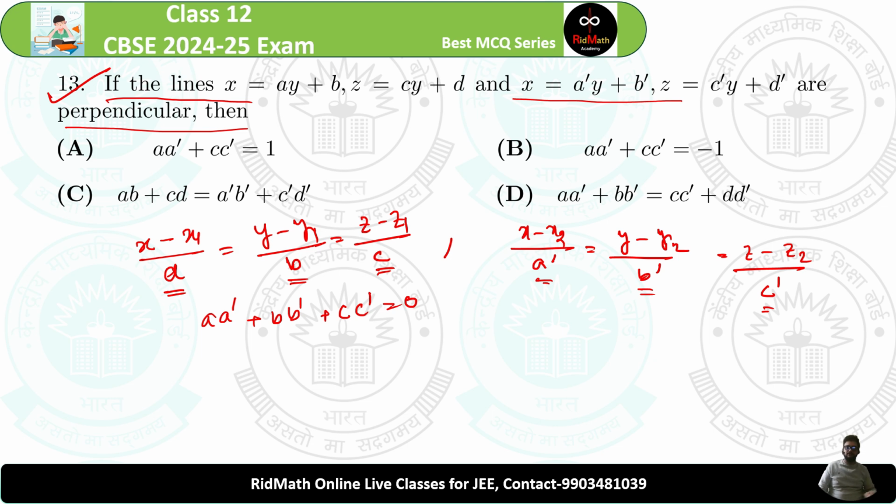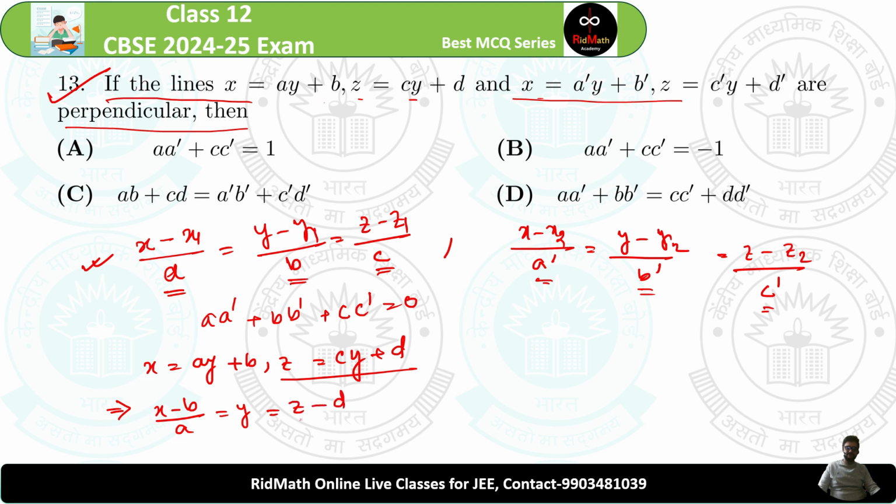Now here is a catch: here x equals this, z equals this, and x equals this, and z equals this. So this is not in the standard form, so we have to convert it. So this is x equal to ay plus b and z equal to cy plus d. So we will find y equal to what? So (x minus b) by a equal to y, and from here we are getting (z minus d) by c. So this is (x minus b) by a, y by 1, and (z minus d) by c. So it is in this form.